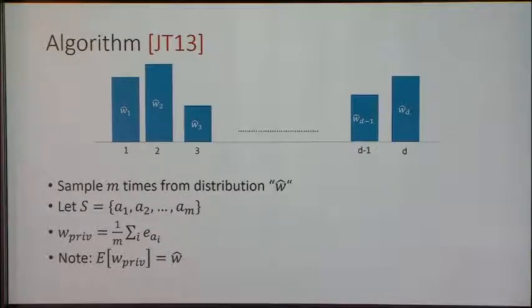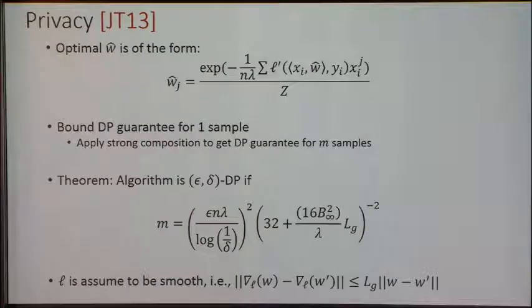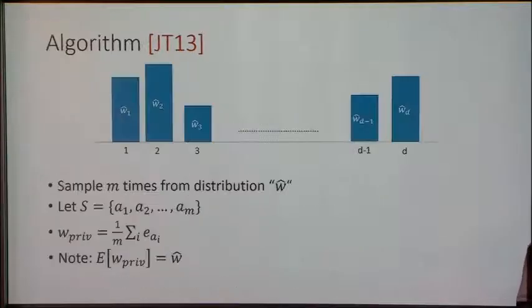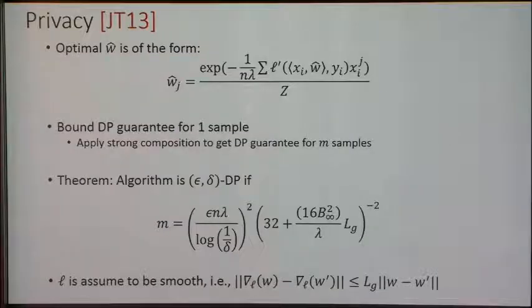Okay. So now let's see if we can show some privacy guarantees for this algorithm. If I take infinite samples from this distribution, that is, if m tends to infinity, then I cannot hope for any differential privacy because I'm giving you back exact W hat. So I have to bound the number of samples that I can take.